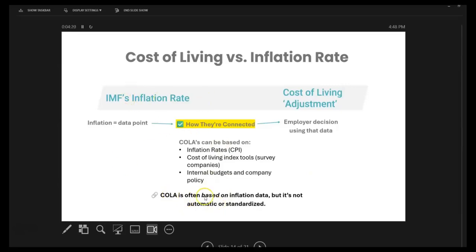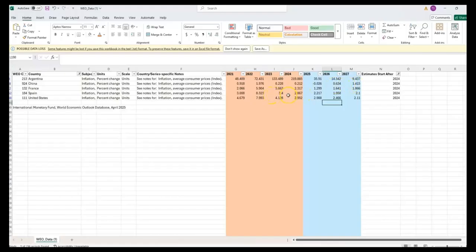Just because the IMF inflation rate says one thing doesn't mean that it's an automatic or standard increase that every company gives, especially because if you look back at the data, some of the year over year, there can be a huge difference. And so in HR, you need to be able to manage expectations.